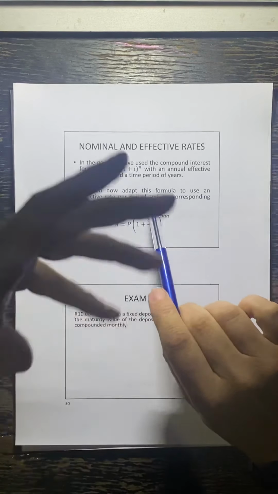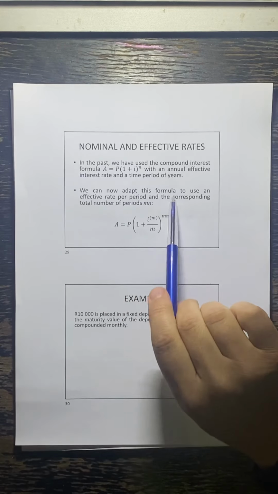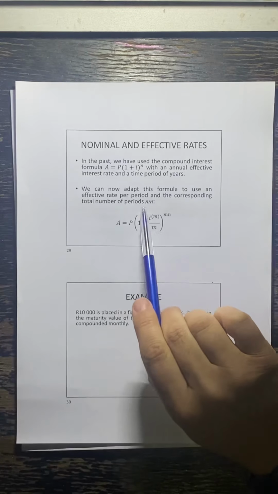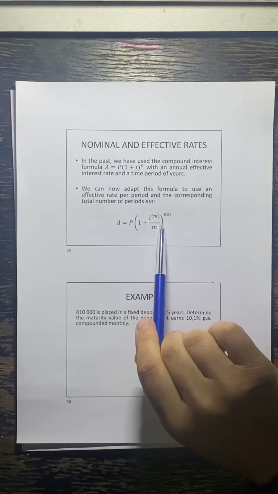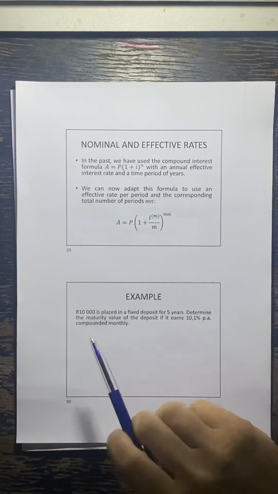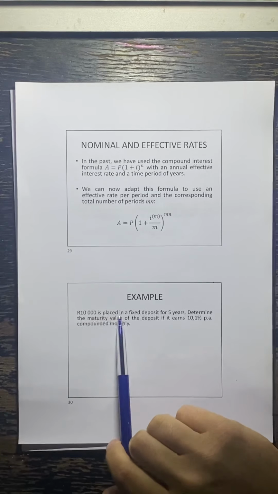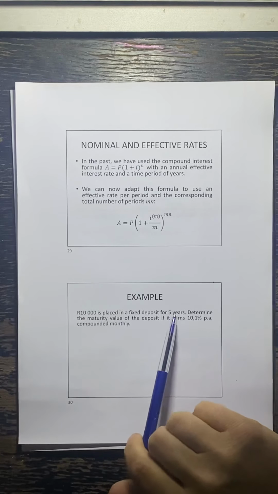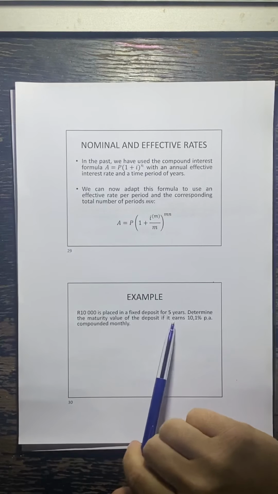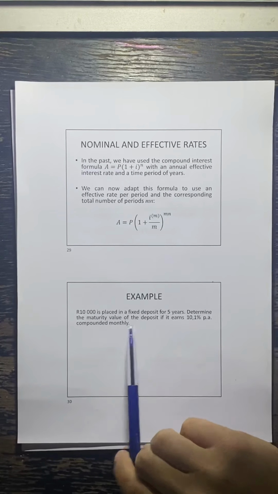How many years? 2, 3 years, and so on. We can now adapt this formula to use an effective rate per period and the corresponding total number of periods mn. I am going to show you now with this example over here. So they told us here that 10,000 Rand is placed in a fixed deposit for 5 years. Determine the maturity value of the deposit if it earns 10.1% per annum compounded monthly.